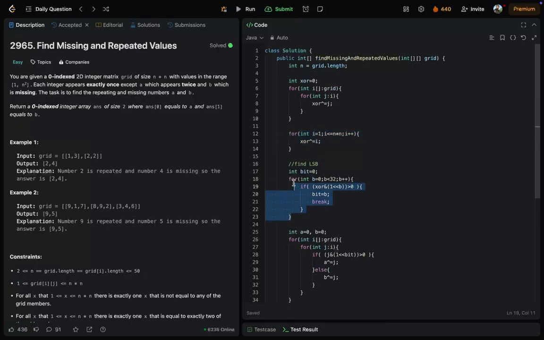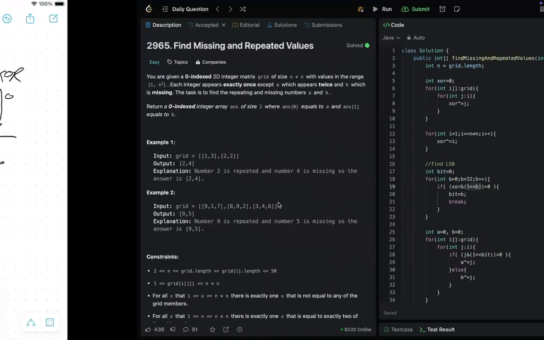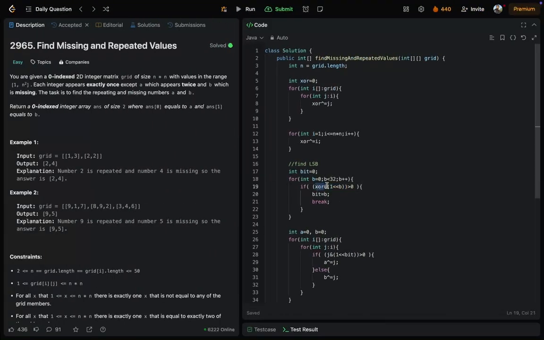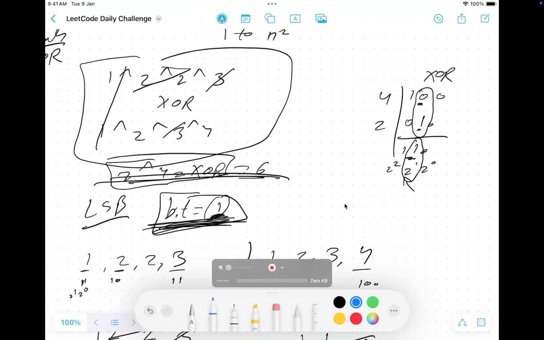then the next thing is to find the LSB. So what is this thing? I know this is very complex. So this means we have a number as XOR, then we are doing AND. The number is 6.